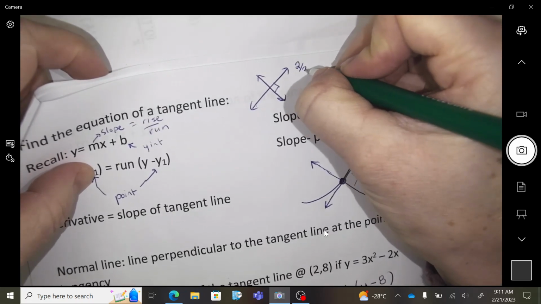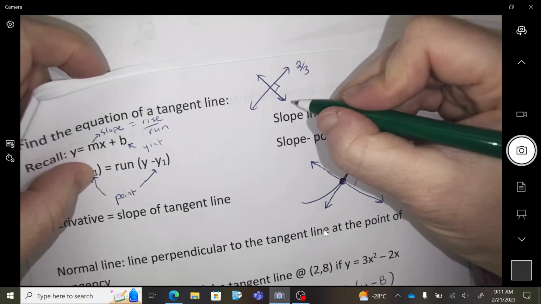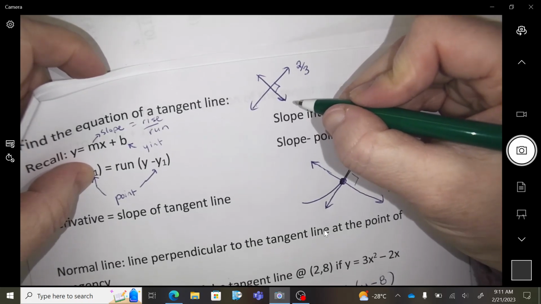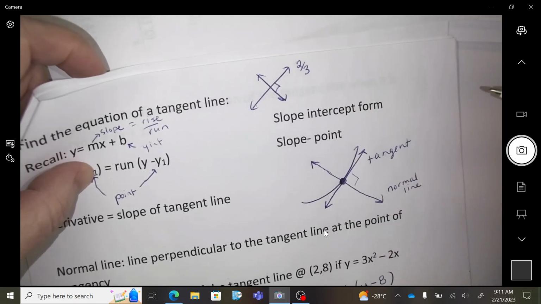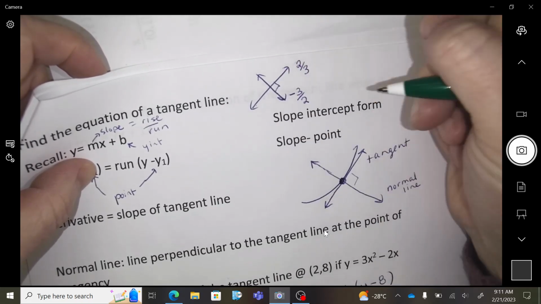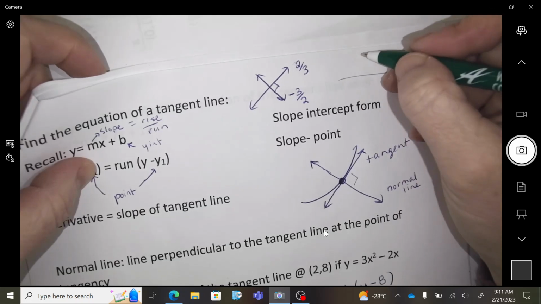So if this has a slope of 2/3 per se, this would have a slope of, everybody remember the relationship of the slopes? Well, this is going uphill and this is going downhill. So can we conclude that it will be negative? And you remember that you flip it? Does it make sense?